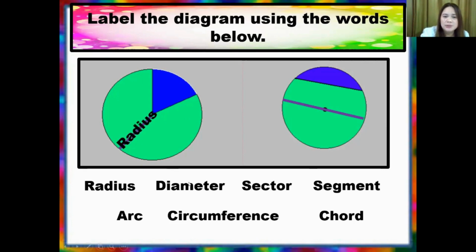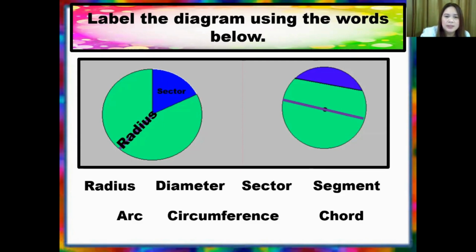Where should we put the diameter, or what is this here in the circle? It depends on you. You can answer in any order. So I'll put the next one here, the blue one. It is enclosed by the arc, the area enclosed between the arc and the two radius here, we called it sector.